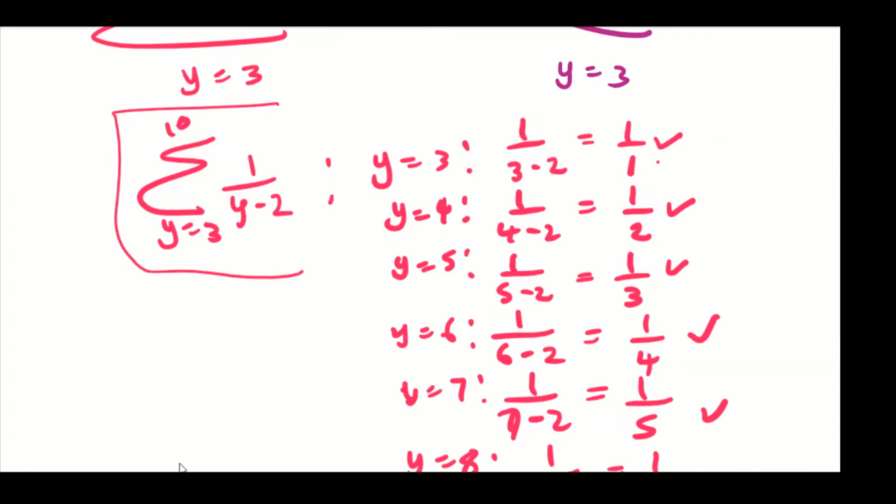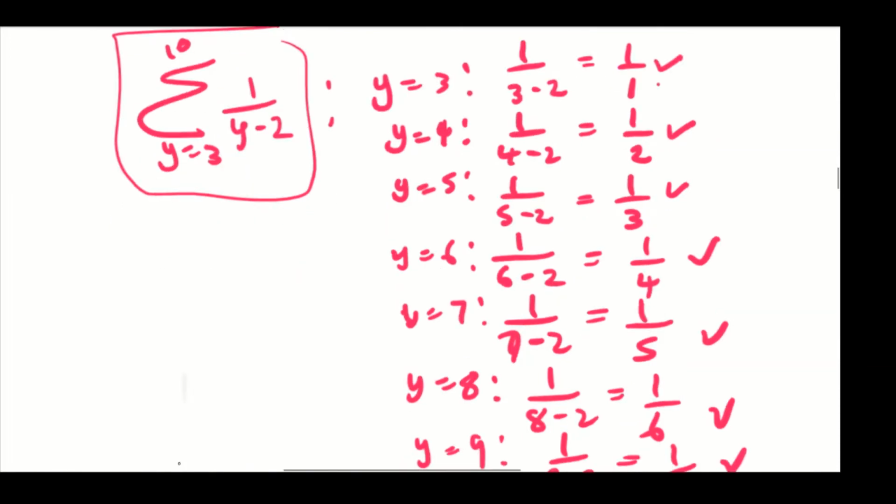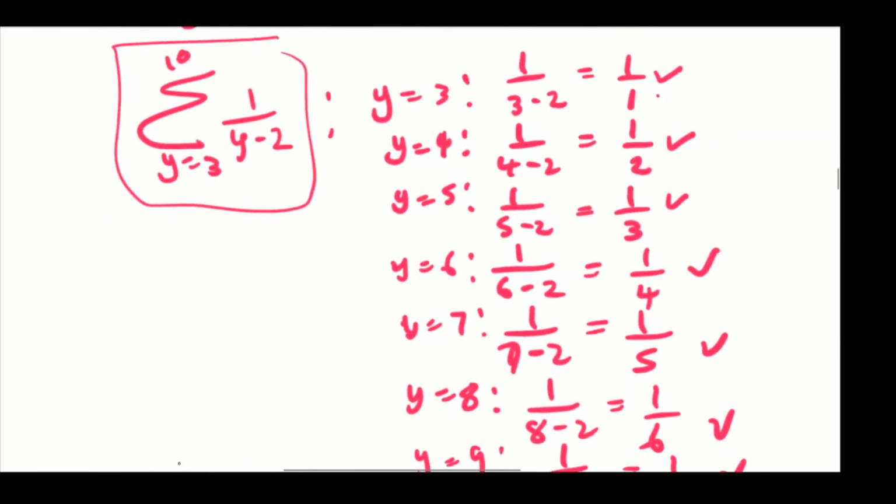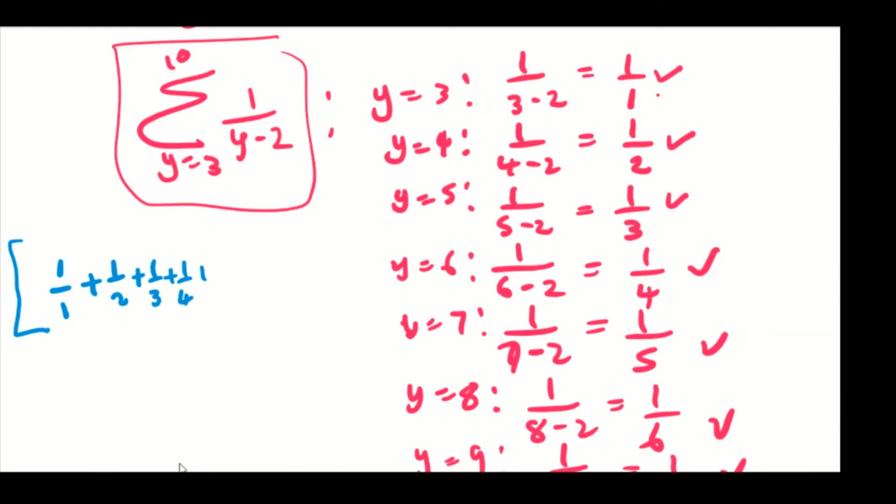Let's write down all the terms inside a bracket. So we have 1 over 1 plus 1 over 2 plus 1 over 3 plus 1 over 4 plus 1 over 5 plus 1 over 6 plus 1 over 7 plus 1 over 8.